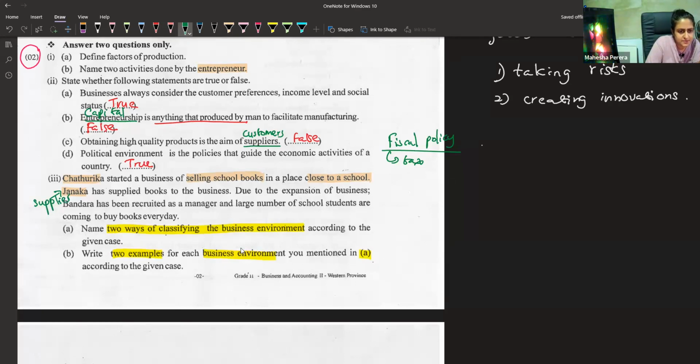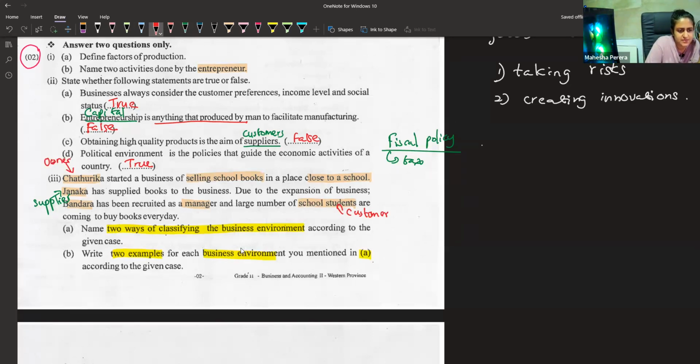Then due to the expansion of the business, Bandara has been recruited as a manager. And a large number of school students are coming to buy books every day. Now these are our customers. And here is the owner.